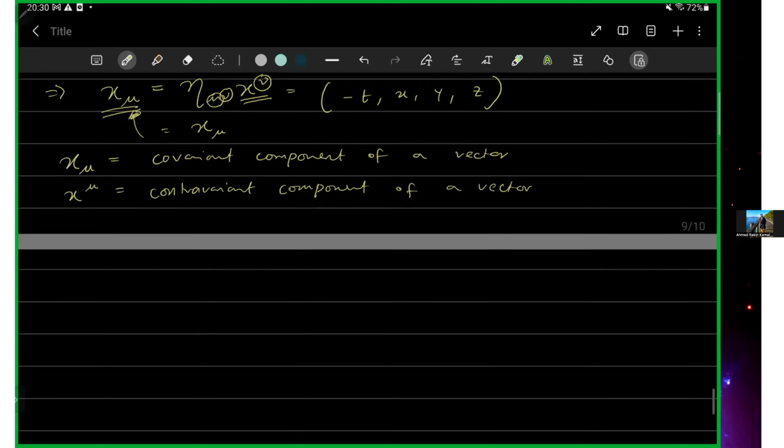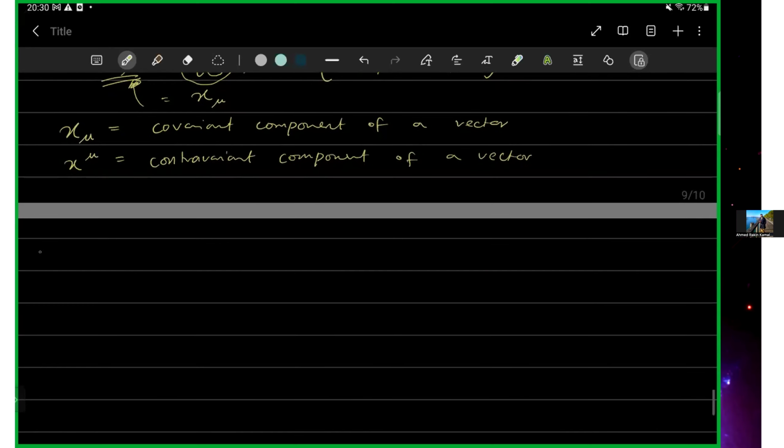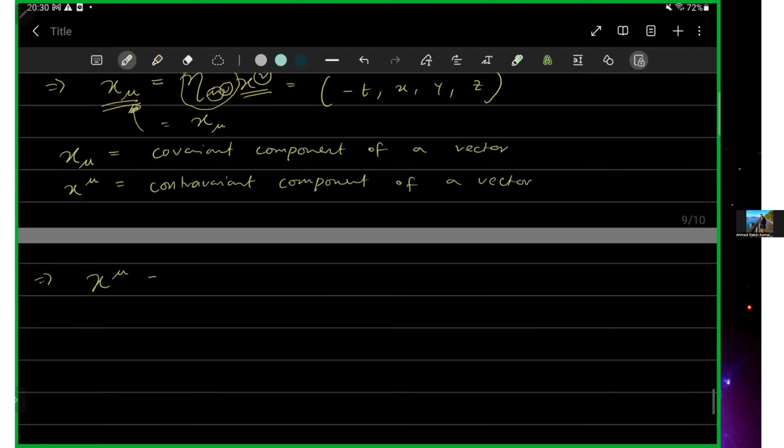Now, of course, I used the metric over here to lower the index, but I can also use the metric to raise the index. So let's say I have x^μ like this, and I will relate it with some x_ν, which is downstairs, which is the coordinate that I'm raising the index of.